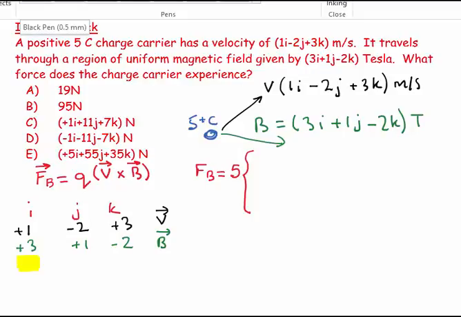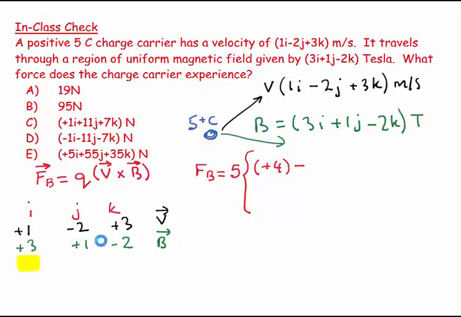Then I cross multiply the other two columns. So minus 2 times minus 2 is plus 4. And then I subtract from that the plus 3 times plus 1, which is plus 3. I can put that in a little box, and that's my I component.